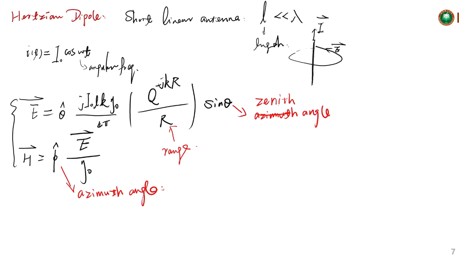We take it first in a Cartesian coordinate system, x, y, and z, and then the spherical coordinate system.